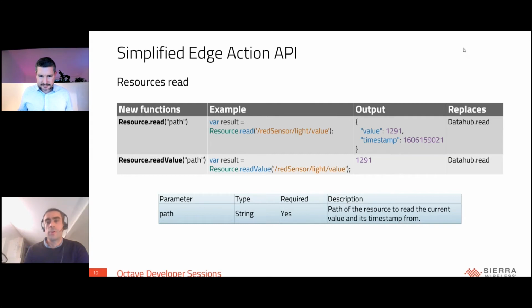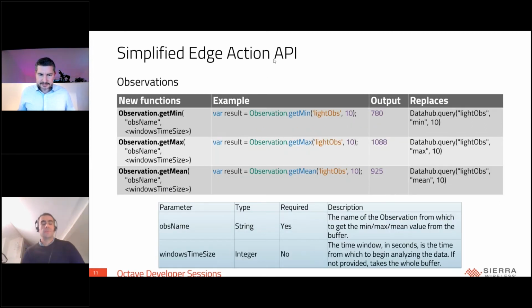And we also introduced resource.readValue, which allows you to get only the value in one useful function. So this is close to what existed before, but in my opinion with more friendly function names.